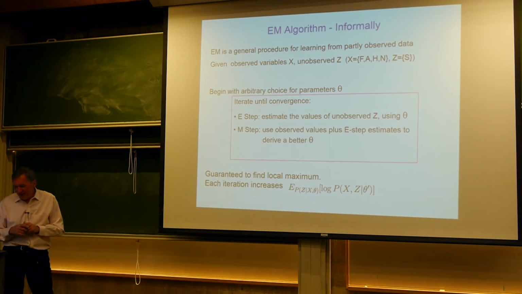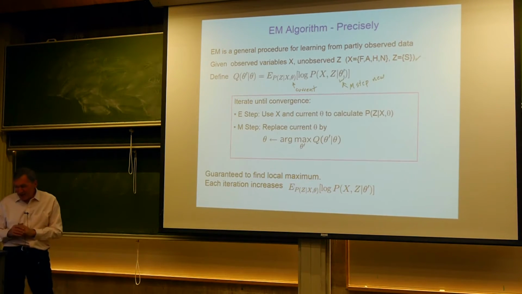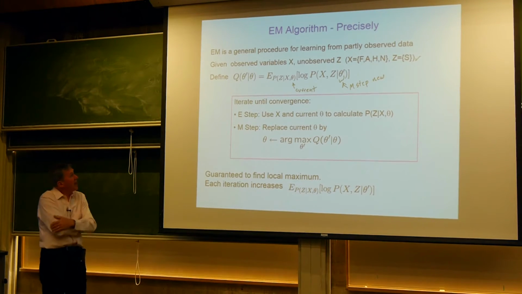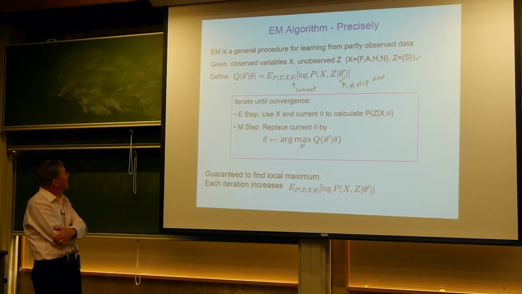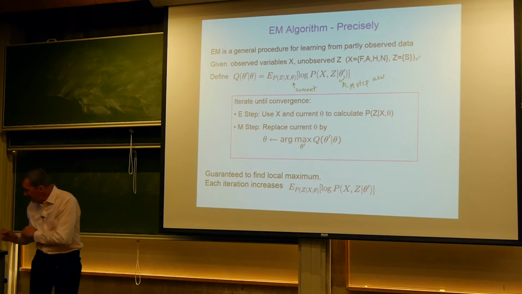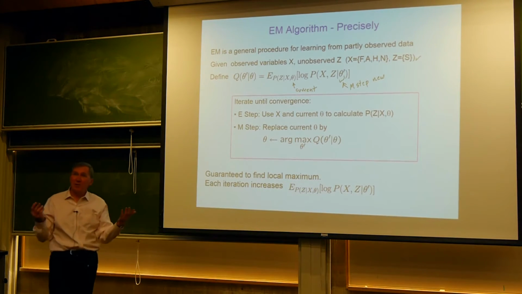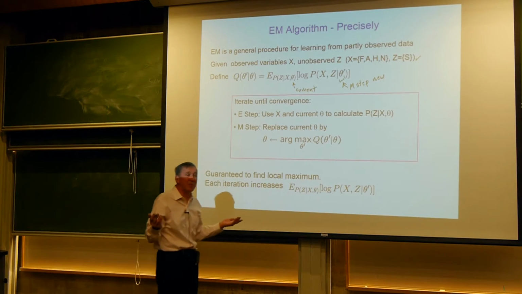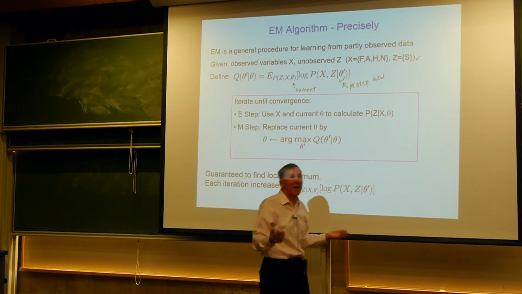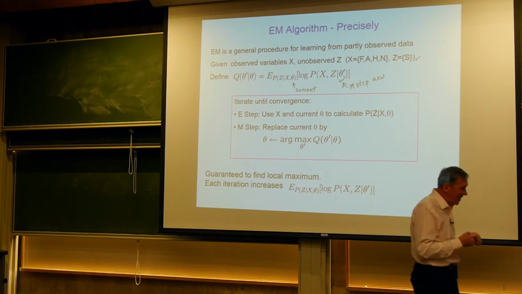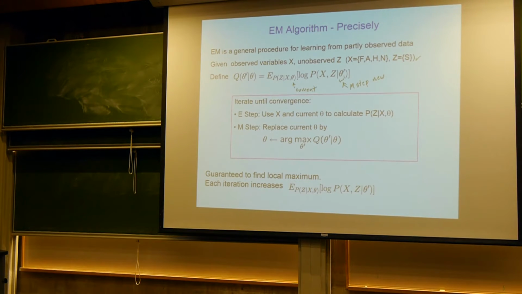Okay. So that's the informal definition. To be a little bit more precise, here's what it looks like mathematically. We wanted the easy way to state it, and this is a very general procedure. It holds for any probability distribution you make up over any set of random variables.